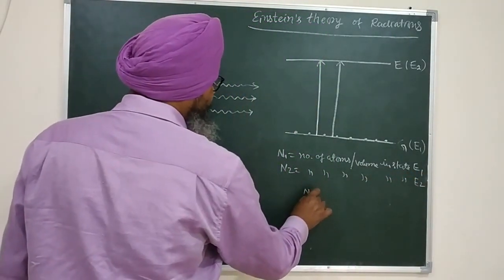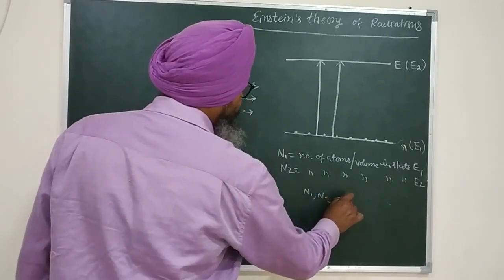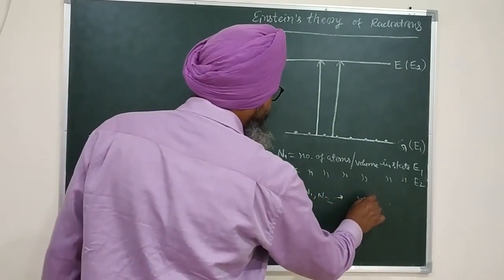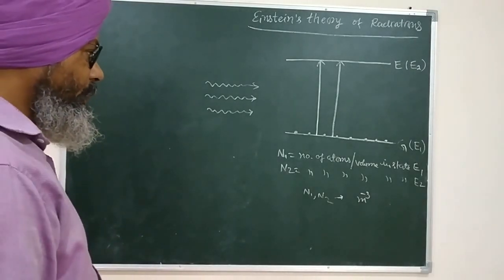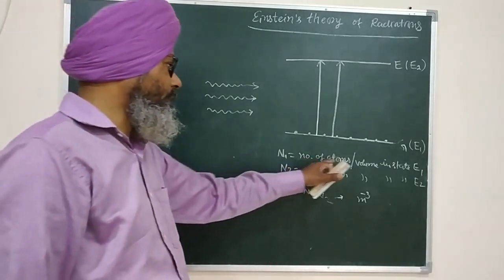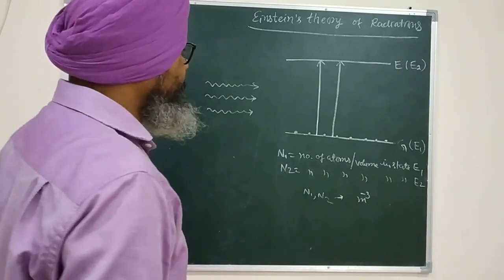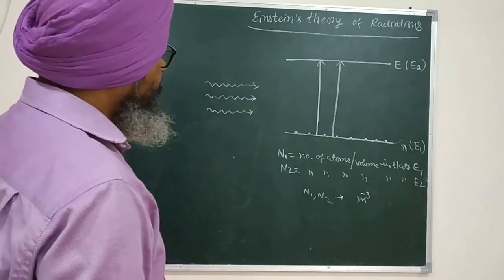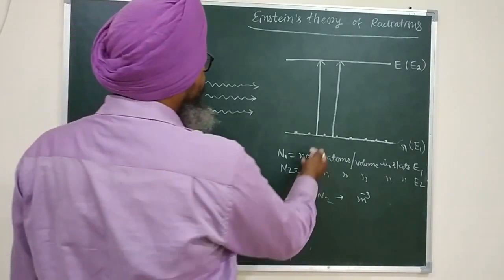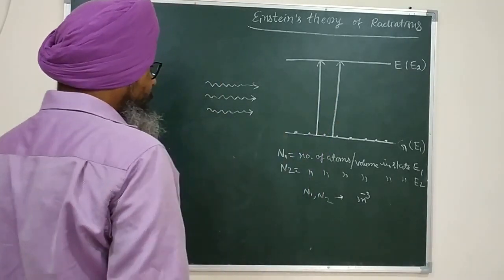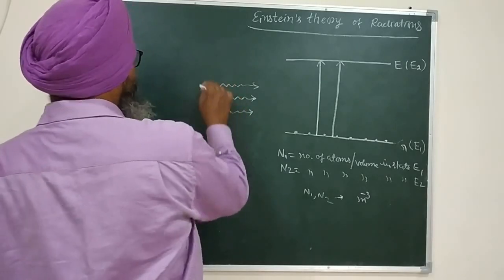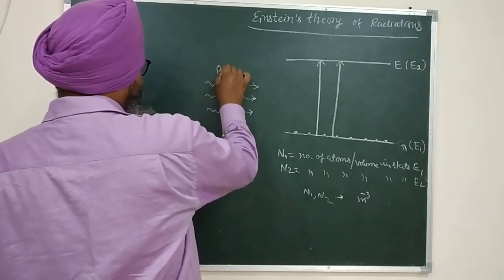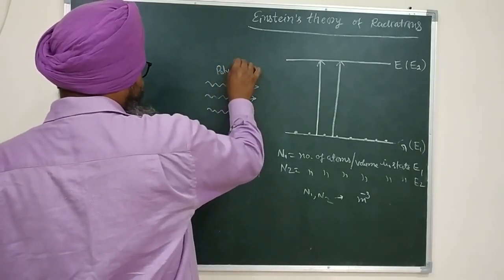Obviously N1 and N2 will both have the unit of per cubic meter, the reciprocal of the unit of volume, because the number of atoms will not have any unit. Now these electrons will jump up by absorbing this energy. So out of this beam of photons, this is a polychromatic light initially.